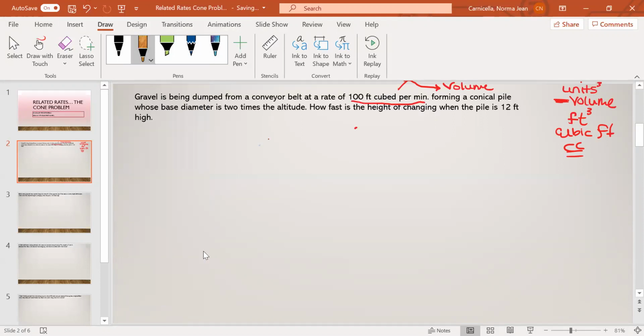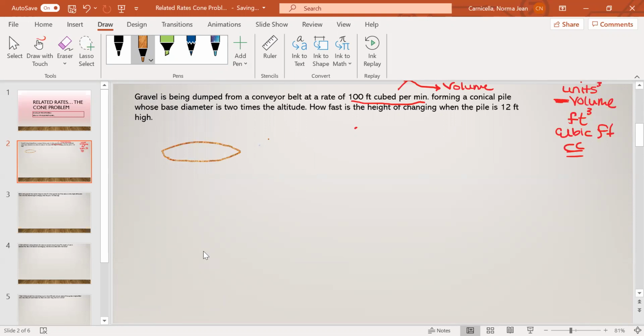First thing I want to see is gravel's being dumped at a rate of 100 feet cubed per minute. So it's making a conical pile whose base is 2 times the altitude. So I know this is making some kind of a cone.